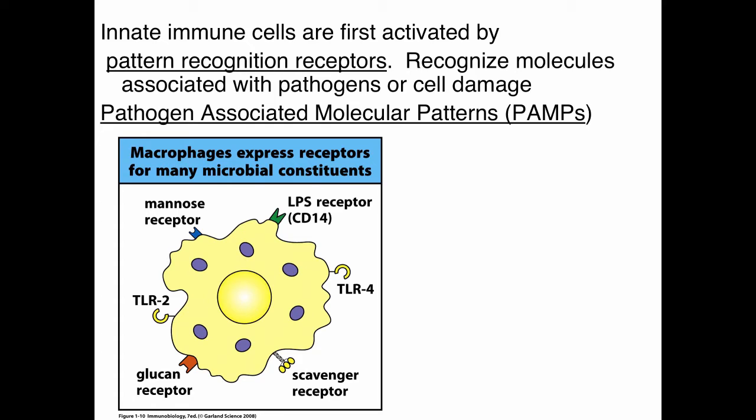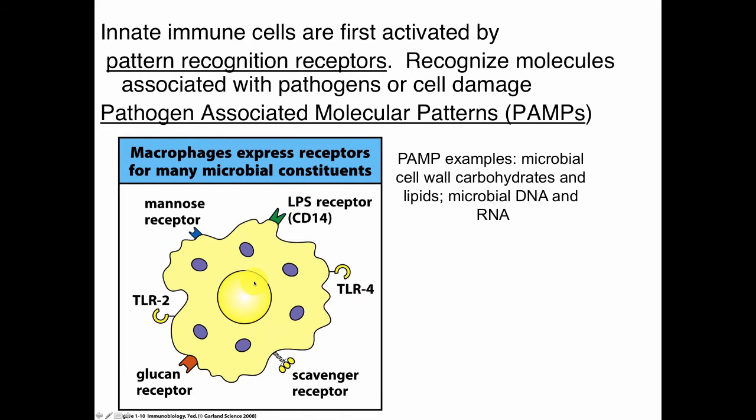So most bacteria, most fungi, most viruses have different versions of these patterns that are recognized by these pattern recognition receptors on these innate immune cells like macrophages, and upon recognition of these pathogen-associated molecular patterns, they will activate these innate immune cells.